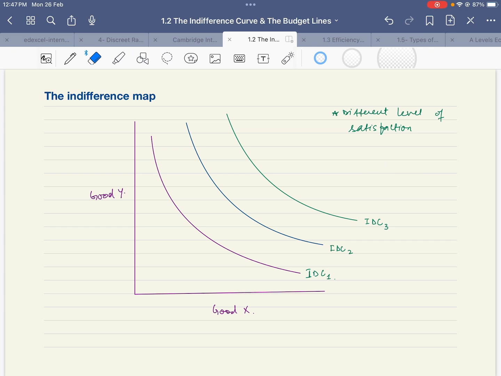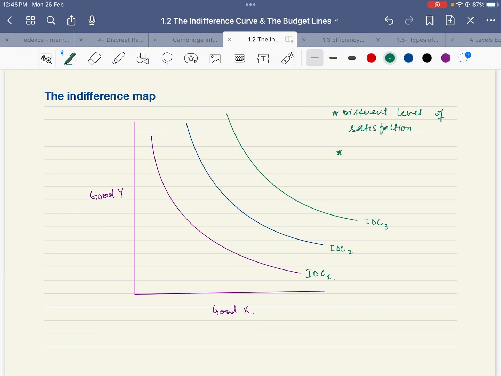So as the indifference curve keeps moving higher up, the satisfaction level of the consumer increases. Higher indifference curves represent higher levels of satisfaction. If the consumers, according to the assumption, are being rational, they will prefer to be on a higher indifference curve rather than a lower indifference curve.